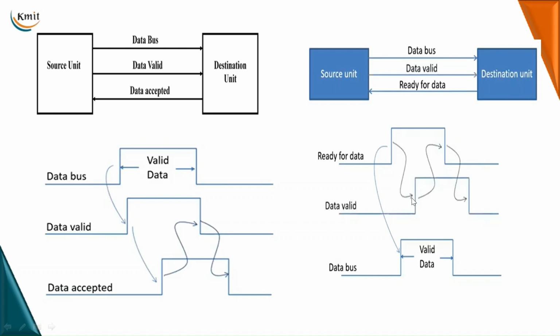Once the data valid signal has been enabled, the destination unit takes the data from the data bus and it will disable the ready for data signal. And when the ready for data signal is disabled, the source unit will disable the data valid signal. So this is how the communication takes place in case of source initiated and destination initiated handshaking mechanisms.